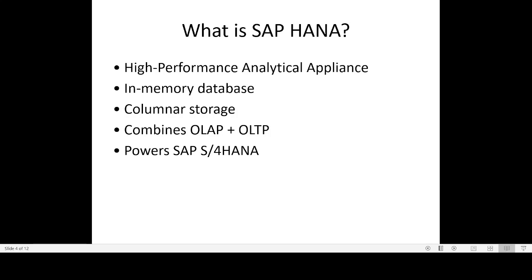Now let's understand OLAP and OLTP. HANA usually combines these two processing types. So, what is OLTP? OLTP is online transaction processing. It focuses on day-to-day business operations such as posting invoices, payments, journal entries, etc. Data is updated in real time, and transactions are short and frequent.